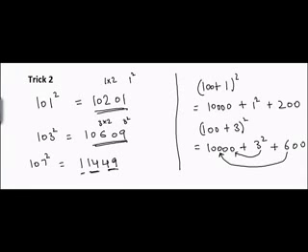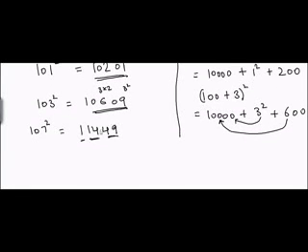For example, if we have 97, then instead of adding 3, we are subtracting it. 3 into 2 is 6, so we subtract 6 from 100, that will be 94, and then add the square of 3, that is 9. So the answer will be 9409.